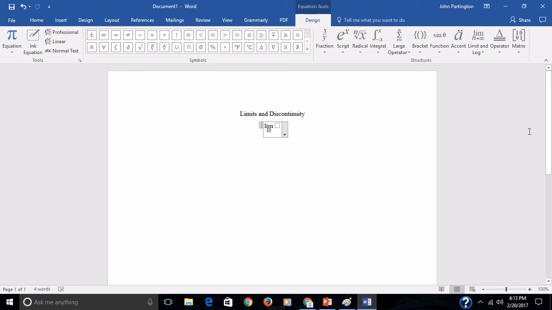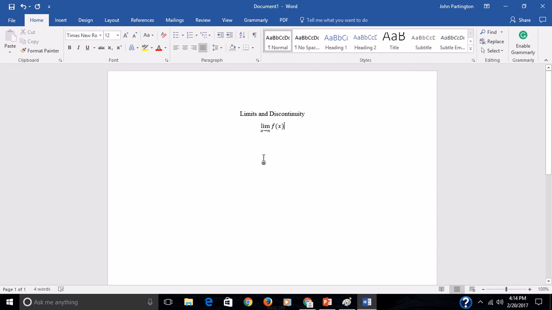We're going to have the limit as x goes to n, n being the value that we're trying to find this at, of f of x. What this is saying is, as this x value gets close to this value n, that's the value we're looking for. So let's do a few examples just so you can understand the concept here.